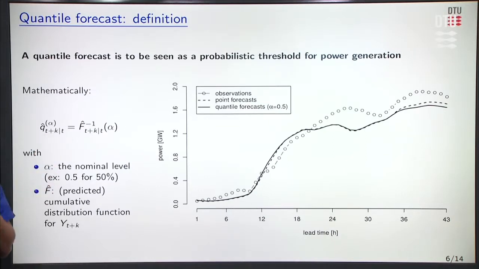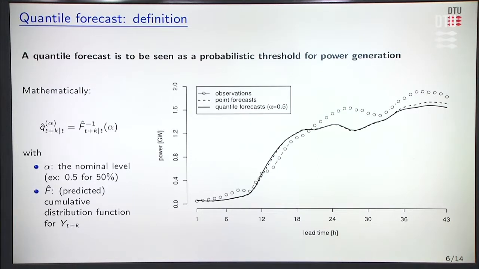Formally, when defining a quantile forecast, the statement we are making is that we believe there's a probability alpha that what we will observe is going to be below or equal to this quantile value. If you say alpha is equal to 0.1, the power observation has a chance of 10% to lie below this value.